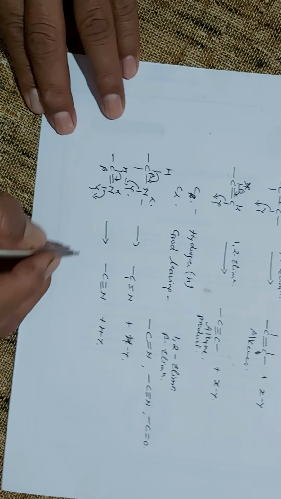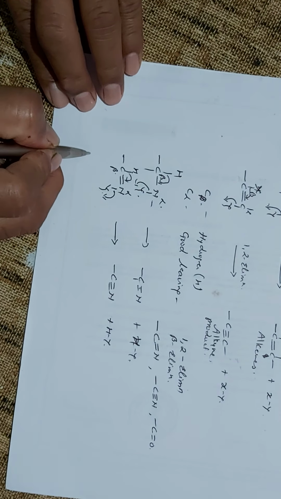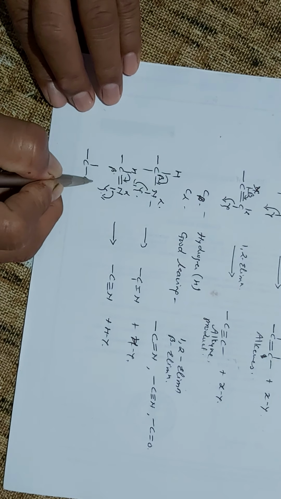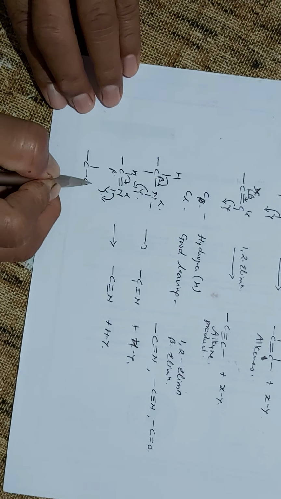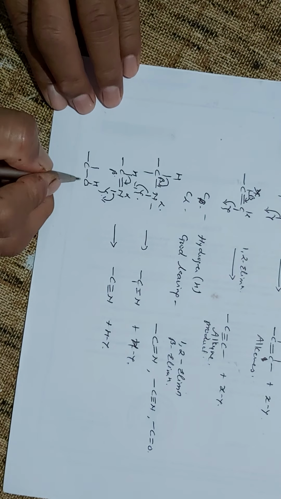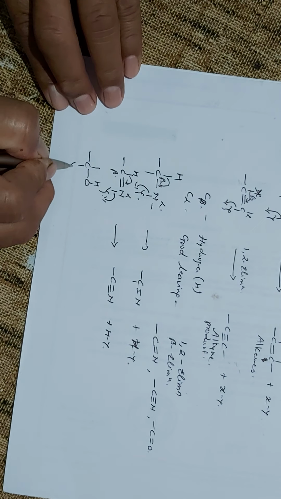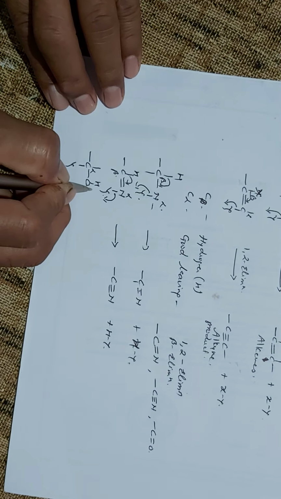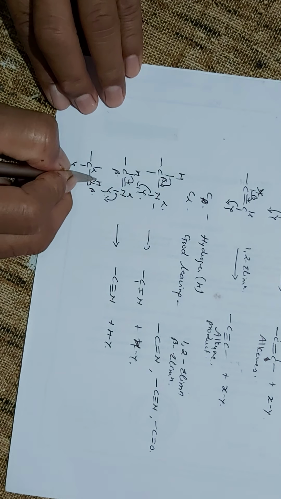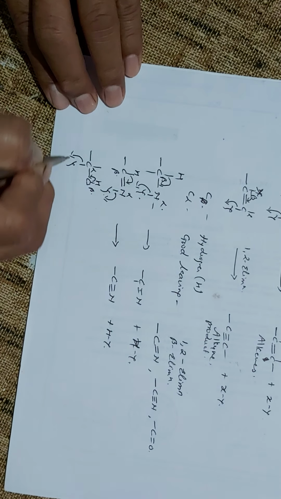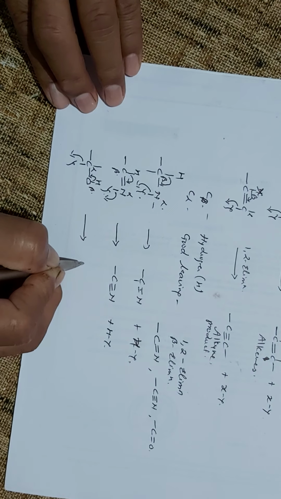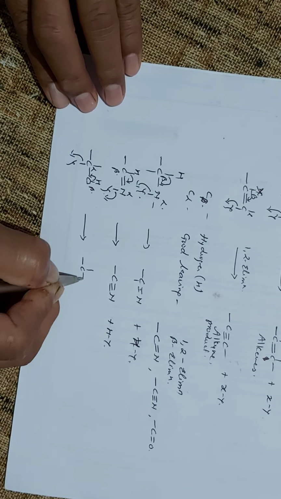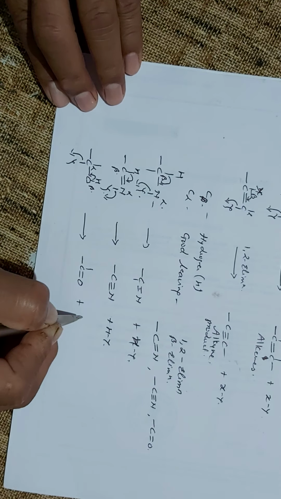In the same way, we can get the reaction with the carbon-oxygen bond. Here this is the alpha and the oxygen is the beta. So the proton from the beta and the leaving group from the alpha carbon are eliminated, and here we get the formation of the carbon-oxygen double bond.